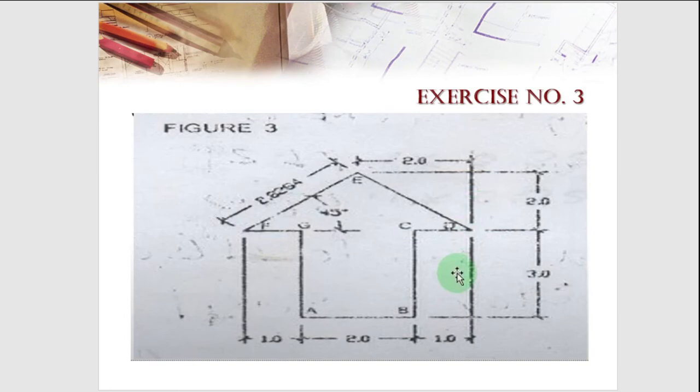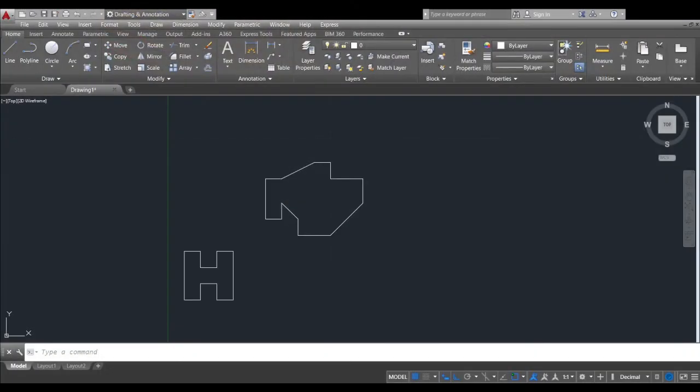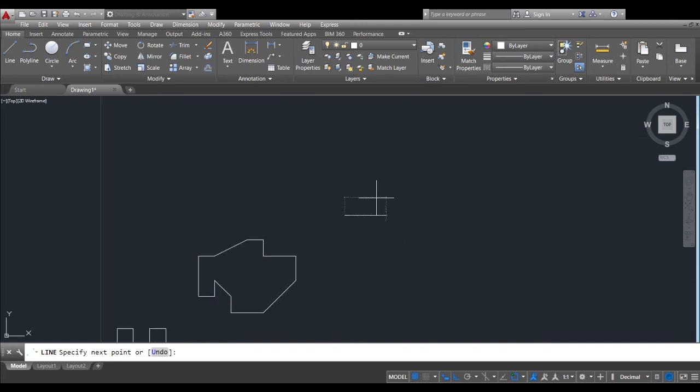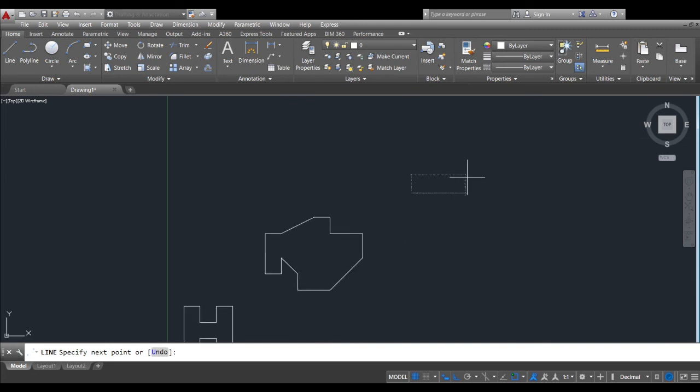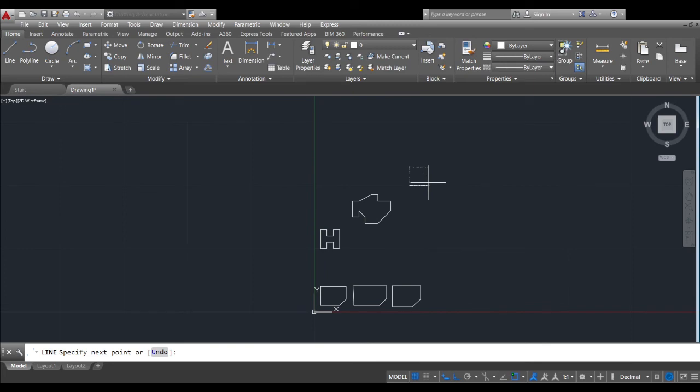So from point A, we assume 15 comma 20, that is the location of our first point. So let's try it. Line command, so L enter, hashtag, don't forget, 15 comma 20. So that is the coordinate of our first point.